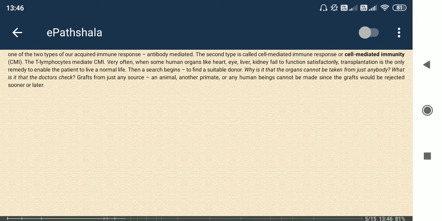Another thing we need to remember is that immunoglobulin A is present in the colostrum.